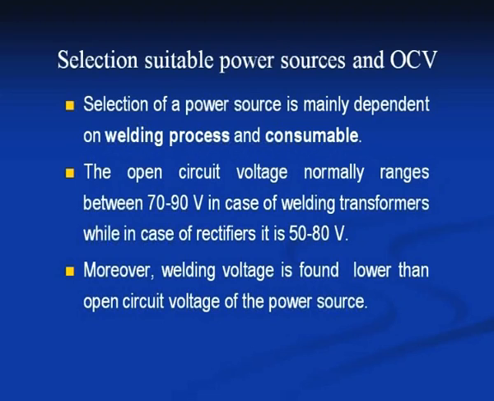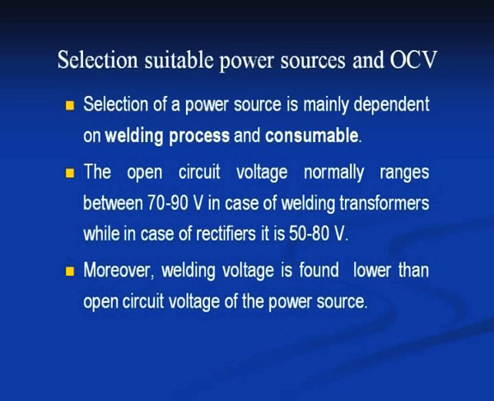When an arc welding power source is selected, we use the proper open circuit voltage by setting the OCV, which can range from 70 to 90 volts in the case of welding transformers, while in the case of rectifiers it is generally lower, normally in the range of 50 to 80 volts.